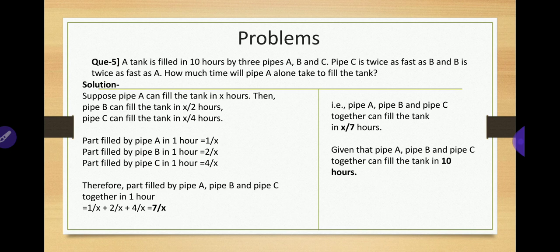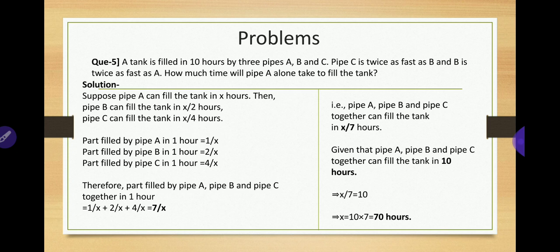Therefore we can equate this 7 by X, reciprocal of that, X by 7, will be the time required to fill the tank completely, equal to 10 hours, and we will get the value of X equal to 70 hours. So finally our answer will be 70 hours, the time required by the A pipe to fill the tank alone.